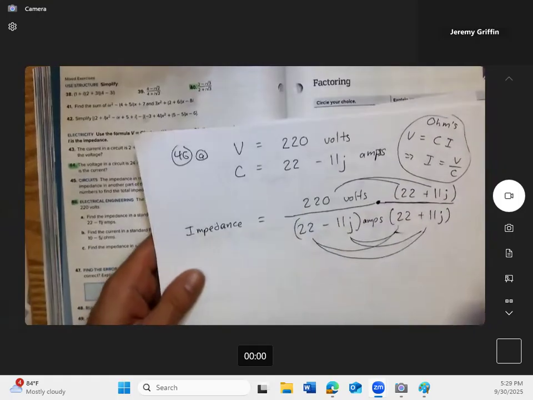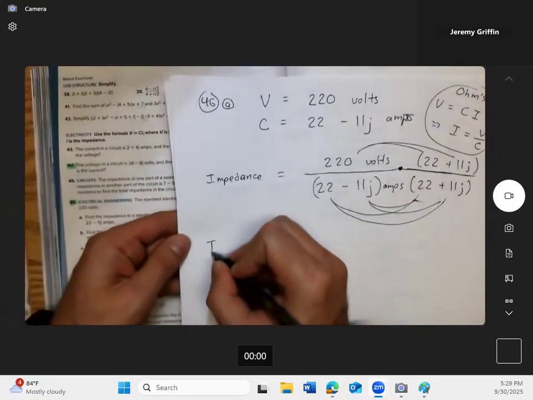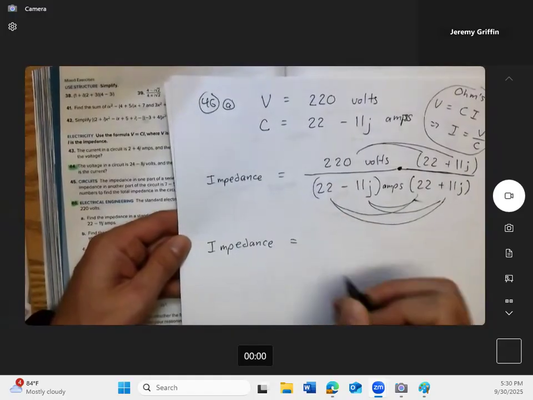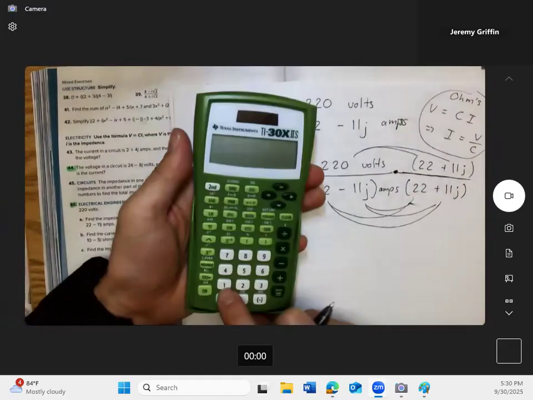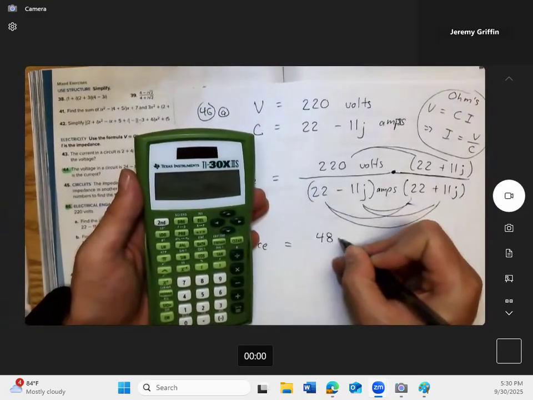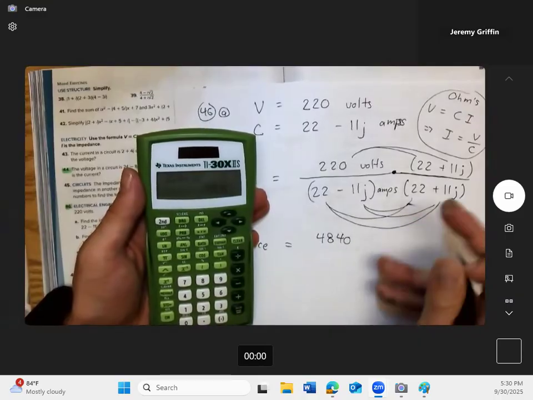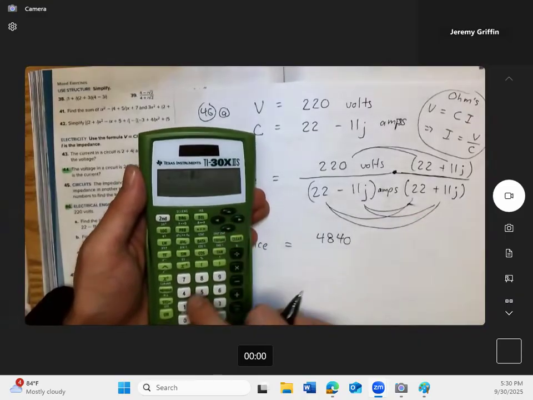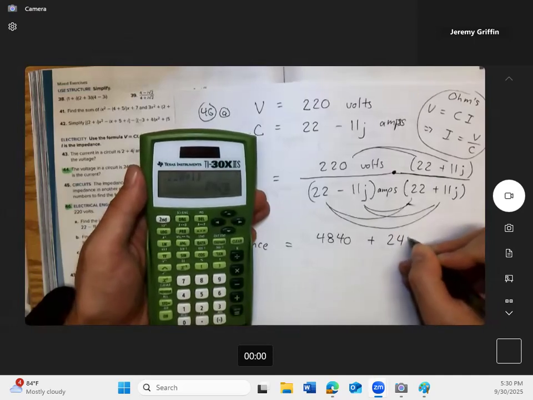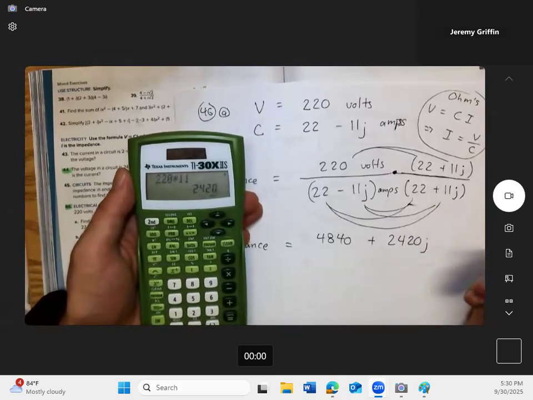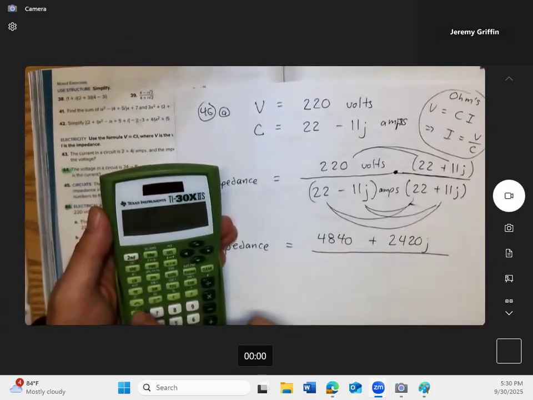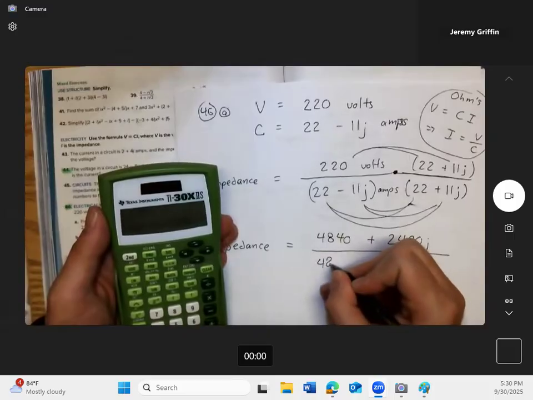So impedance equals, what's 220 times 22? That's 4,840. And then if I just did times 11, that's plus 2420j.